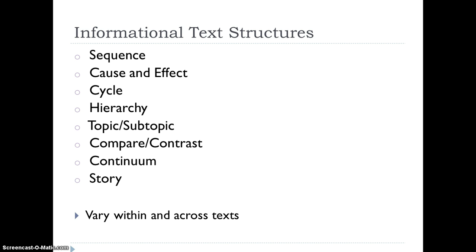And they also might have kind of a cyclical section where they talk about the life cycle of lions. So it's important that we understand that informational text structures vary even within the same text, which can make them hard because, as we know, narrative structures have a very consistent text structure that they follow.